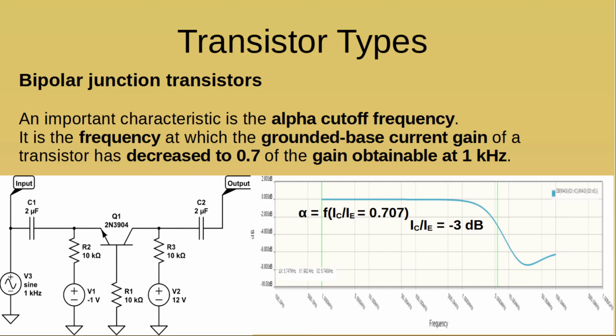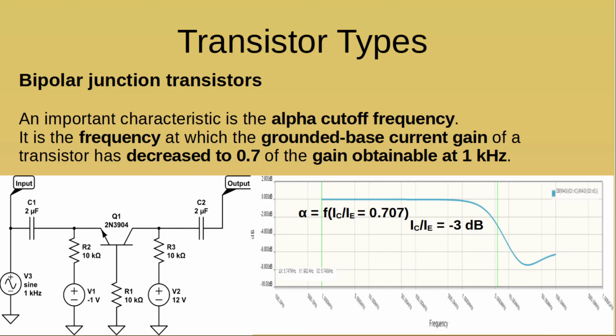I tried to simulate that, and the gain is basically flat until you get up to this point. This line is approximately where that's 0.707 of this gain. What frequency is that? Just a little above 5 megahertz.